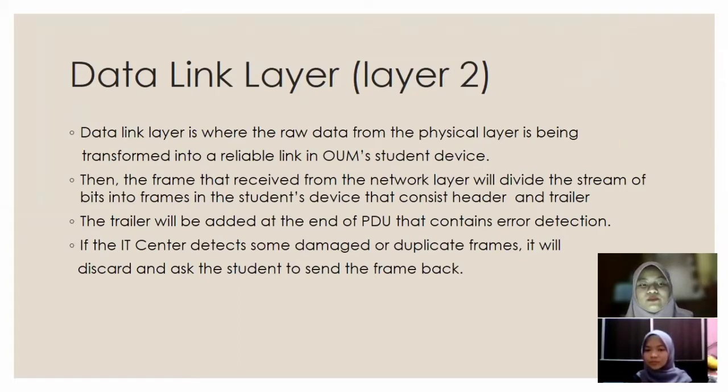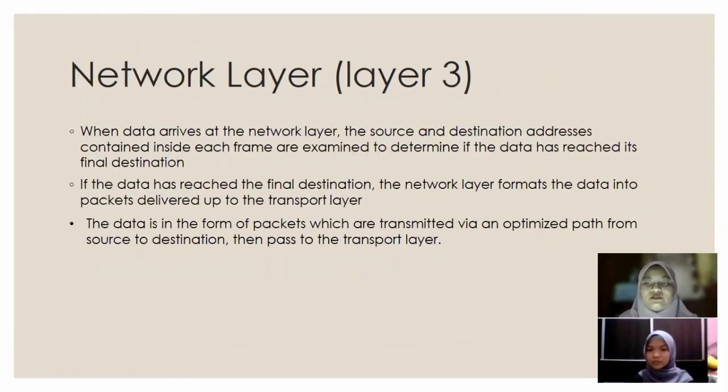The trailer will be added at the end of the PDU that contains error detection. If the IT center detects some damaged or duplicate frames, it will discard them and ask the student to send the frame back.